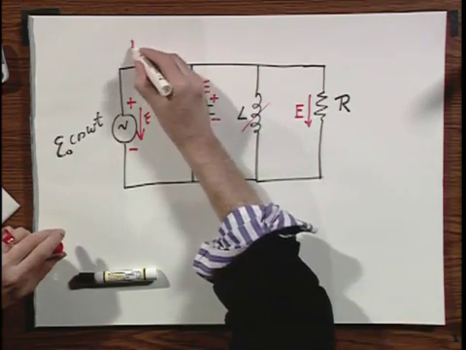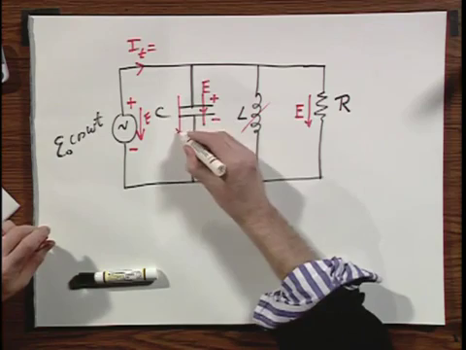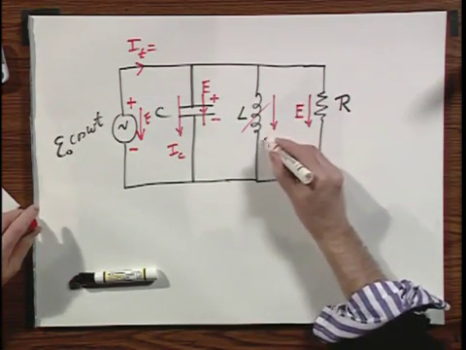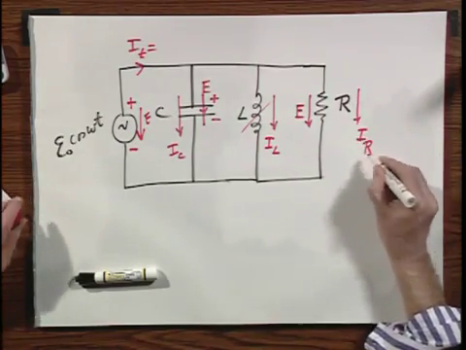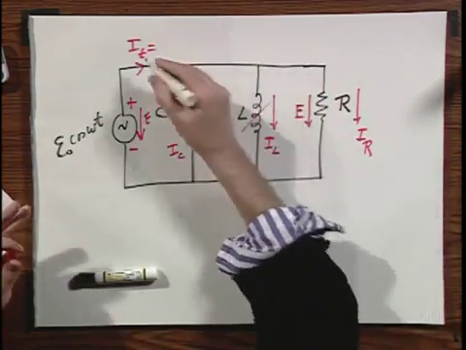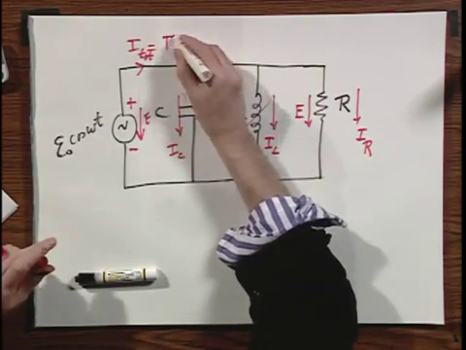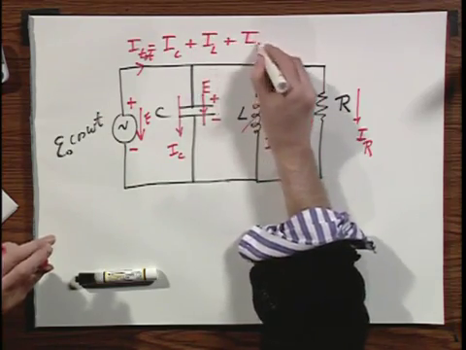There is a total current going like this, and the total current will split into one current which goes through the capacitor, one current that goes through the self-inductor, and one current that goes through the resistor. So at any moment in time, the total current must be IC plus IL plus IR.